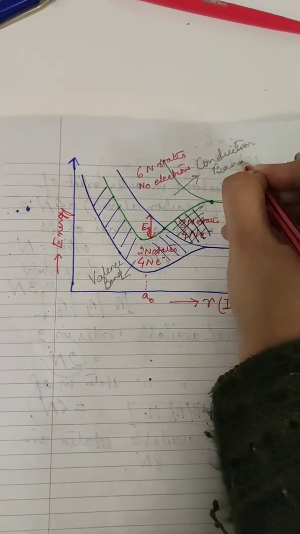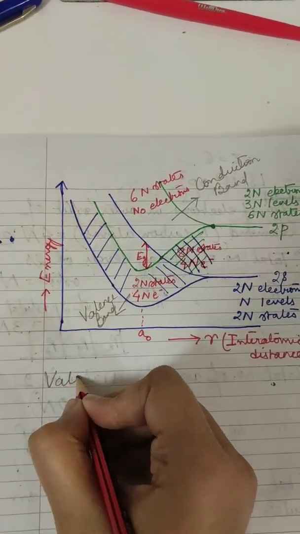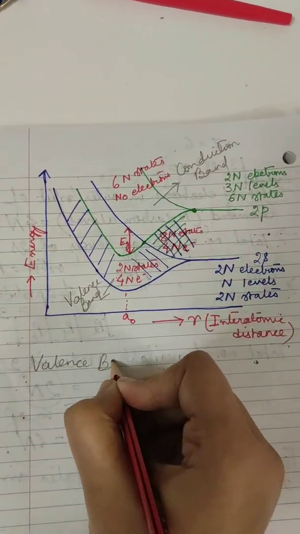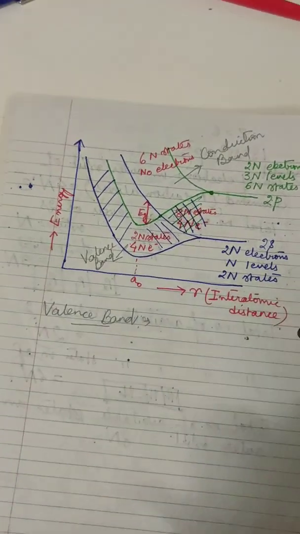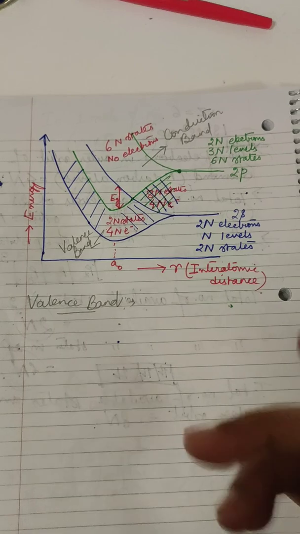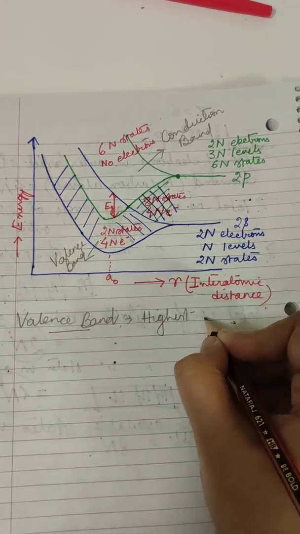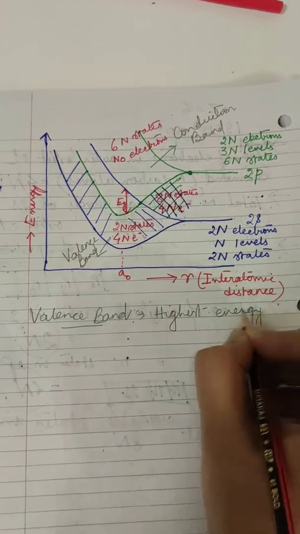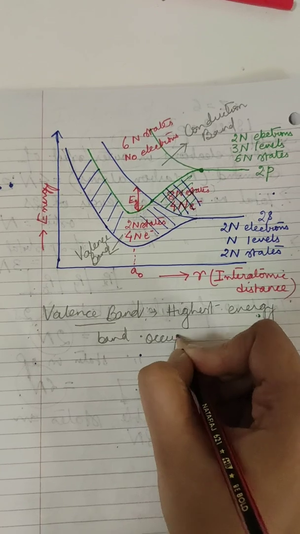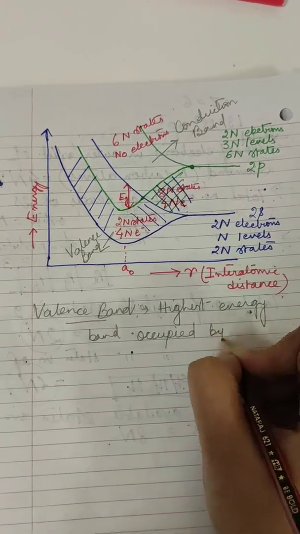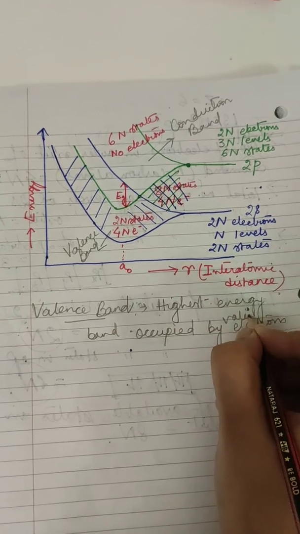So the valence band means the highest energy band which is occupied by valence electrons.